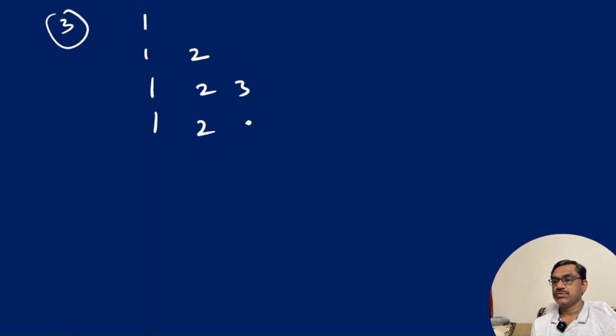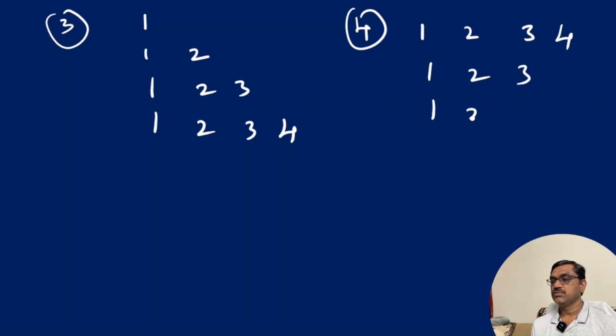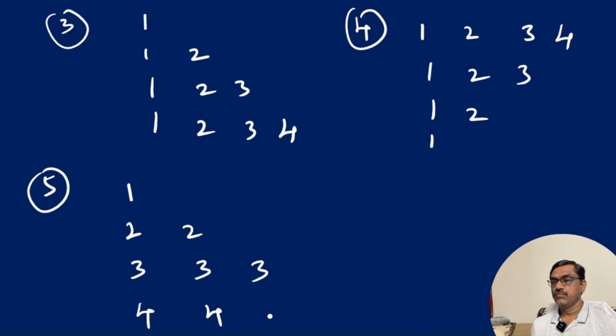After that, the third one we are going to discuss is how to print this kind of output: 1, 1 2, 1 2 3, 1 2 3 4. Another output we want to display is 1 2 3 4, 1 2 3, 1 2, and 1. The fifth one we are going to print like this: 1, 2 2, 3 3 3, 4 4 4 4.